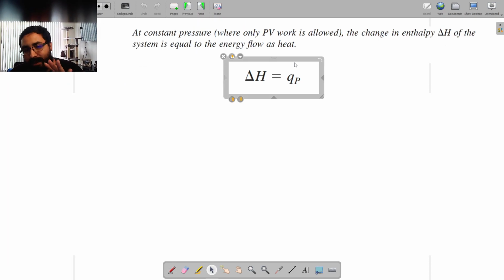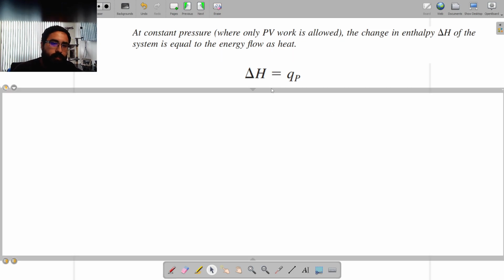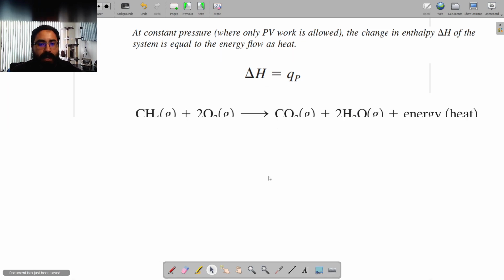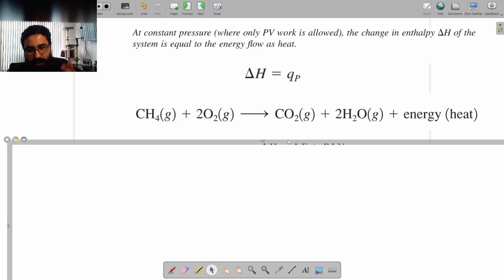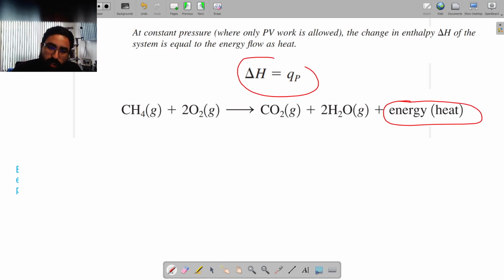So our enthalpy is equal to our heat flow at constant pressure. And take into consideration this equation that we saw earlier. If we have methane combusting and it releases energy, using this, we can determine the amount of energy that's released from this chemical process.